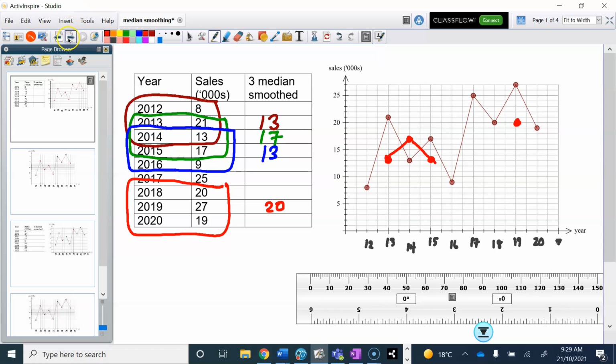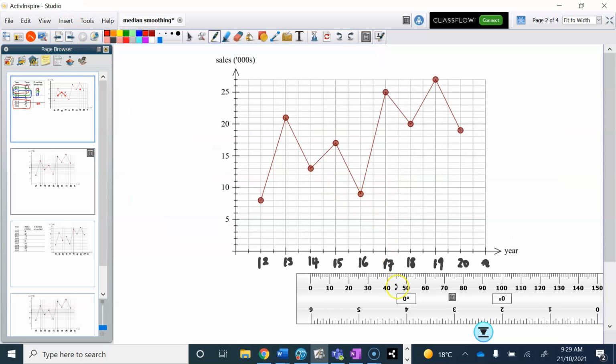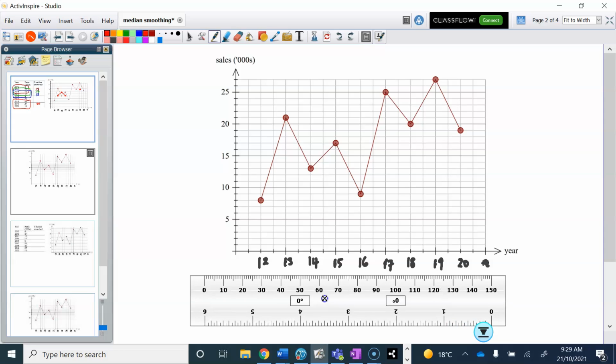Another easy way to do it is with a ruler and just straight on the graph. If you're looking at the graph and not even taking into account the table of values, what we're really doing again graphically is working 3 at a time. With those 3 pieces of data, horizontally 12, 13, 14, the middle piece of data is lined up with 2013 horizontally, and then using my ruler, I need to find the median value vertically as well.